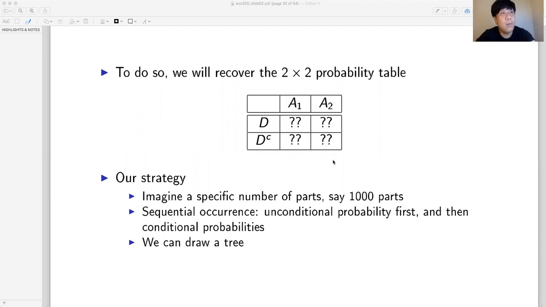Since we know probability of A2, that goes in the denominator. And we know probability of D given A2 is 7%. So probability of D and A2, which is the joint probability, we're going to fill into this one. Okay, so we were able to fill this one and this one.